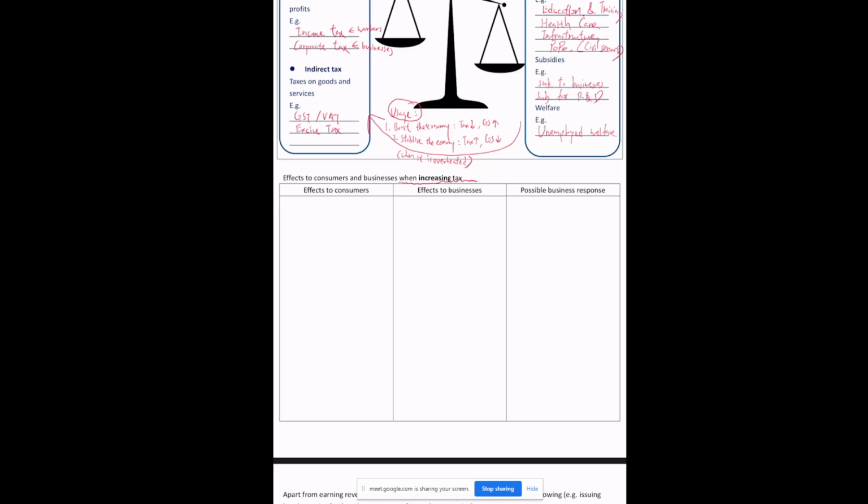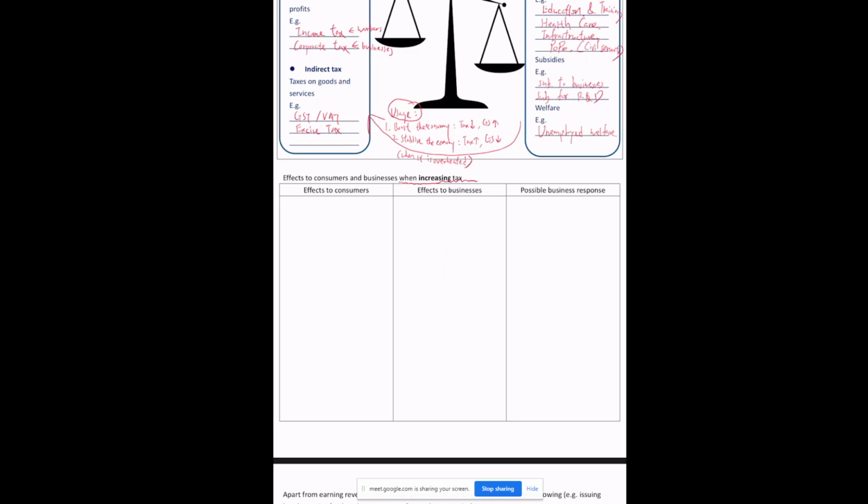If they are trying to increase the tax, which stage of the business cycle are they experiencing, most likely, if this is the case? Which stage of the business cycle do you think they are experiencing, and that's why they have to increase the tax?